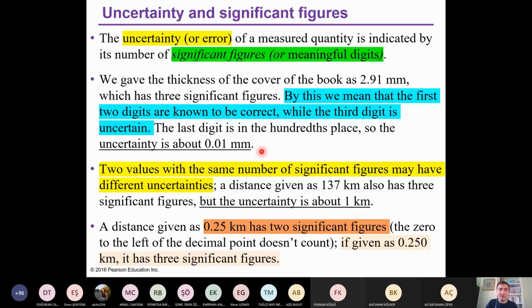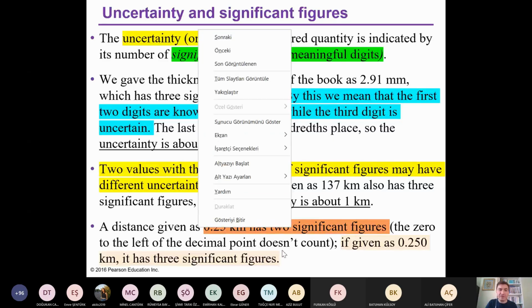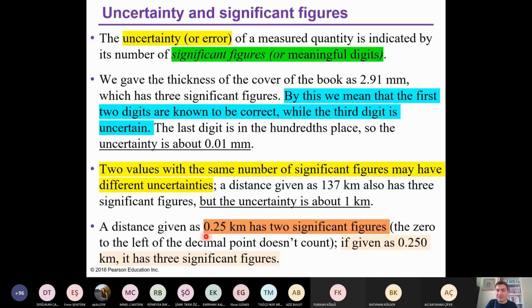The last point here with the significant figures: a distance given by 0.25 kilometer has 2 significant figures. Here you can say that there are 3 numbers, but the 0 to the left of the decimal point does not count. Okay, if you have 0 here, you don't count this one. Here we have 1 and 2 significant figures.